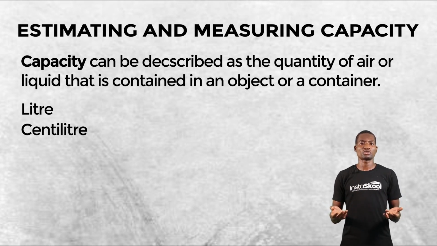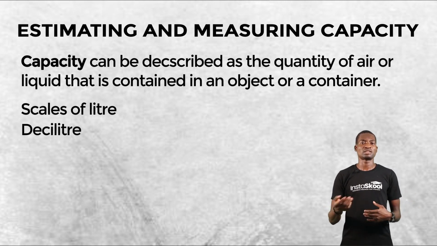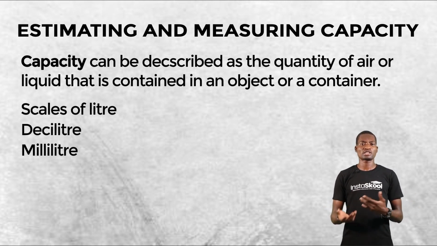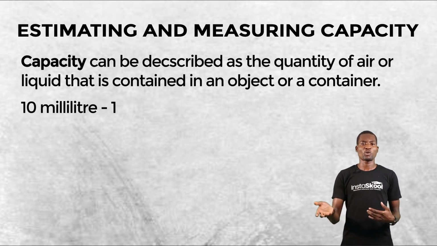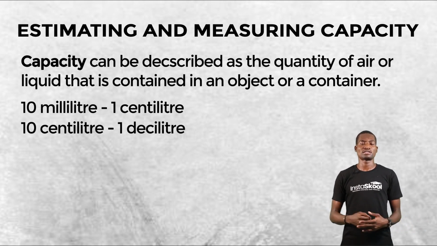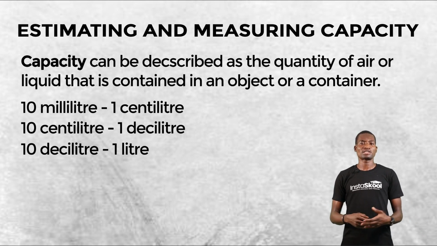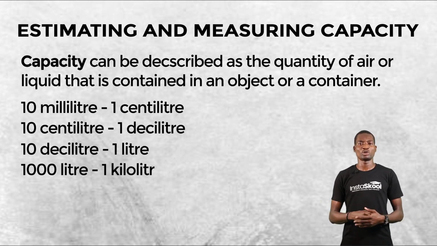Other measuring scales for liter include deciliter and milliliter. The conversion scale of liter is given as 10 milliliters make 1 centiliter. 10 centiliters make 1 deciliter. 10 deciliters make 1 liter. 1000 liters make 1 kiloliter.